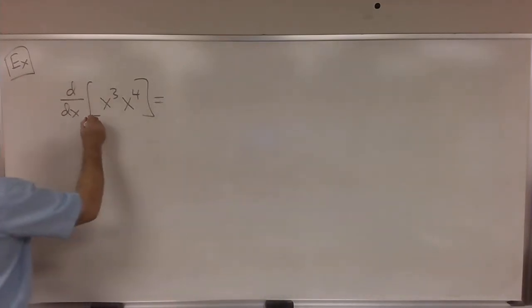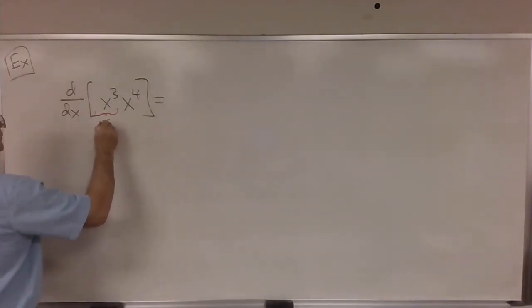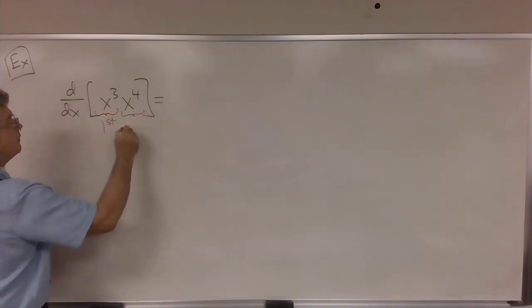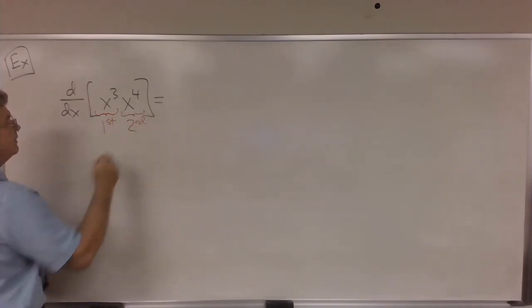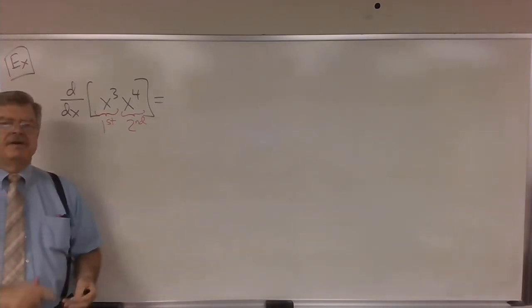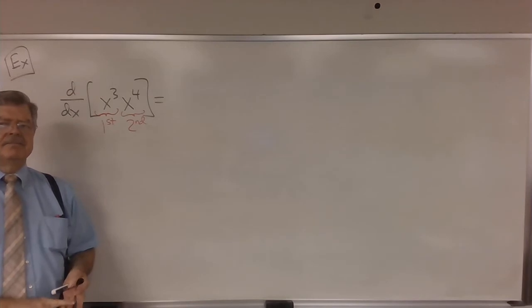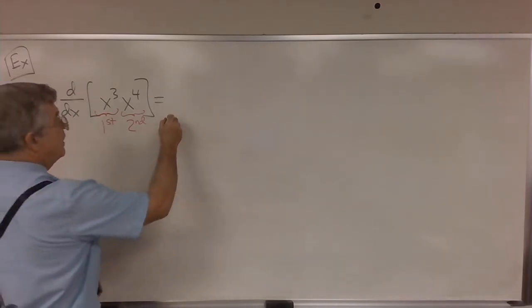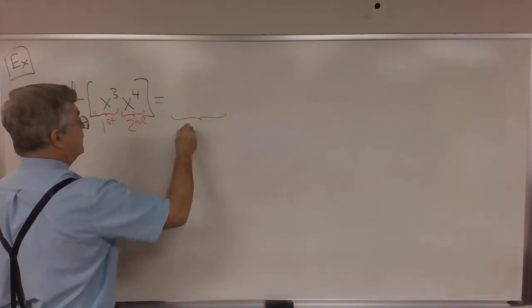So I'll look at this x cubed here and I'll say this is my first function. And I'll look at x to the fourth and I'll say this is my second function. And then I say to myself, first prime times second plus second prime times first. I know what I'm supposed to get.